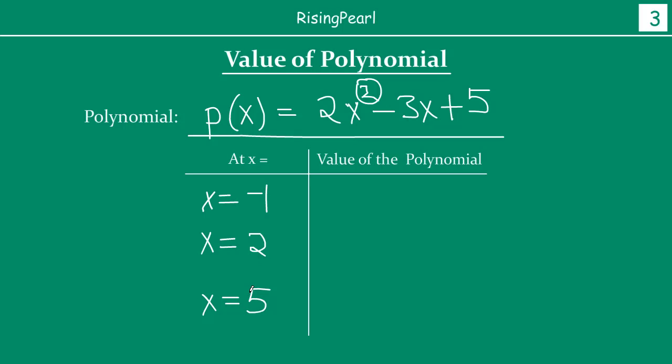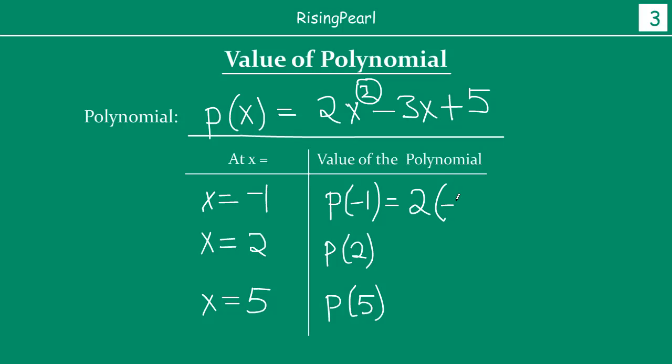So what I'm trying to highlight here is that we can pick any value of the variable, and simply by replacing the variable with these values you can find out the value of the entire polynomial at these values of the variable. So in this case it will be p(-1), this will be p(2), and this will be p(5), right?